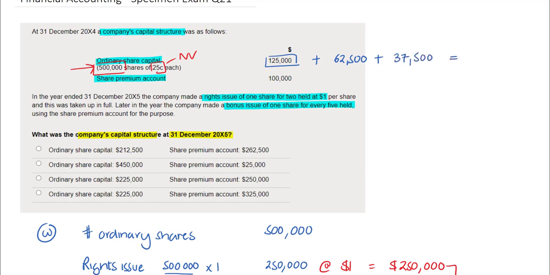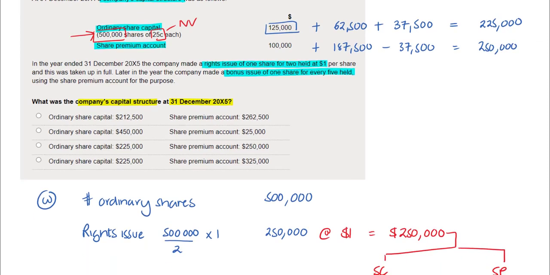That gives us a closing share capital balance of $225,000. For share premium, we know that as a result of the rights issue, there is an amount of 187,500 that increases the share premium account balance, but the bonus would be a reduction of the 37,500 because it's funded out of the share premium account, and what that gives us is 250,000.